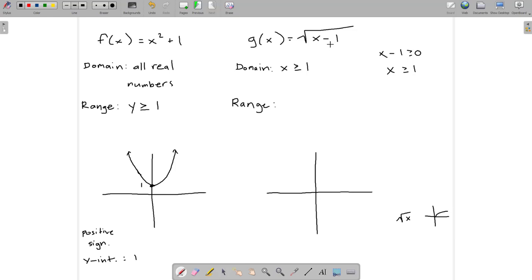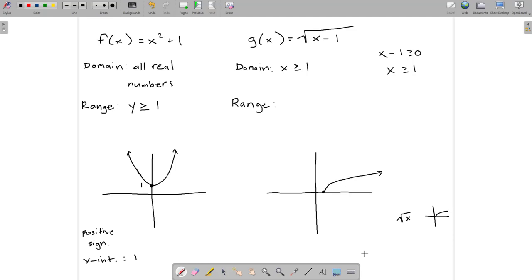Remember horizontal vertical shifts? This is going to shift it to the right by 1. Right, and you can think about that like, if I plug in 1 for x, I'm at 0, right? So plugging in 1 for x should give me a value of y equal to 0. And then from here, it just looks the same as regular square root of x.